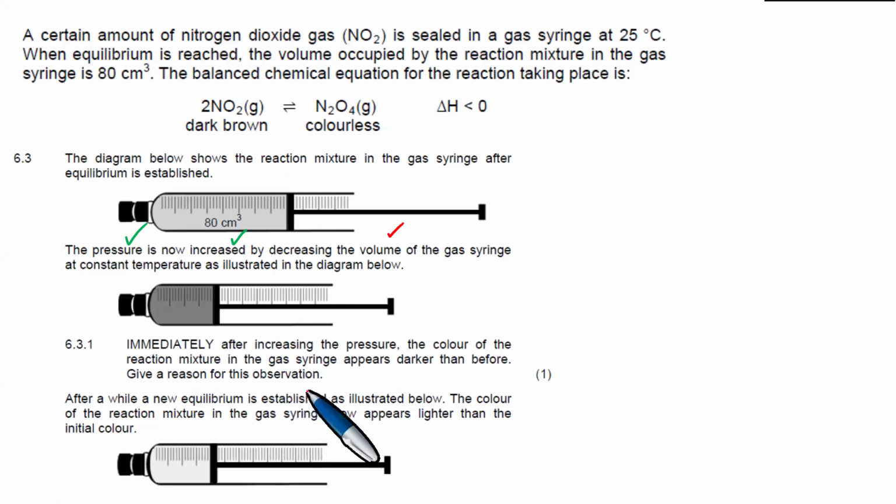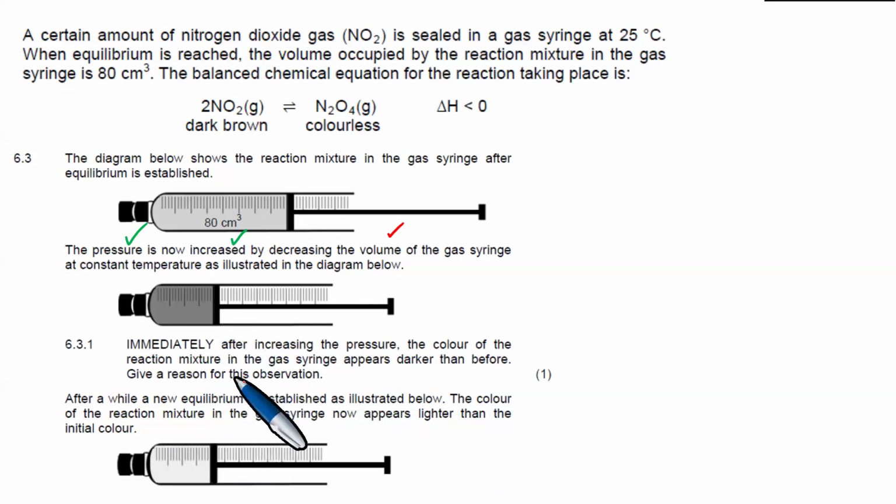Let's first answer that part of the question. Then we shall look at the fact that after a while, a new equilibrium is established, as illustrated below. The color of the reaction mixture in the gas syringe now appears lighter than the initial mixture. So we're going to do these in a couple of stages.